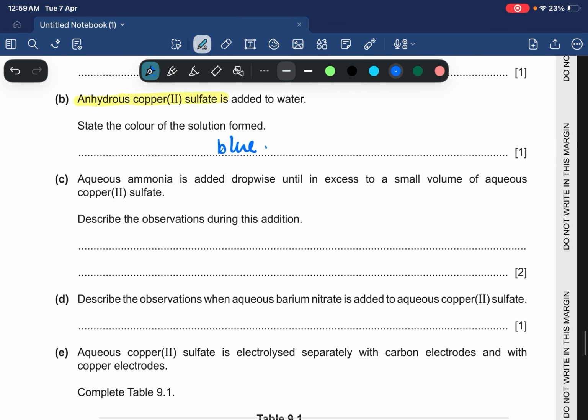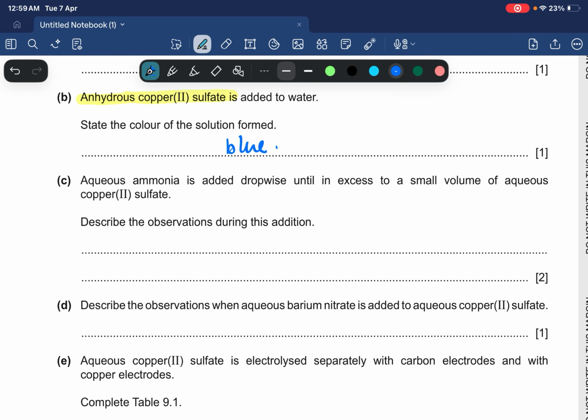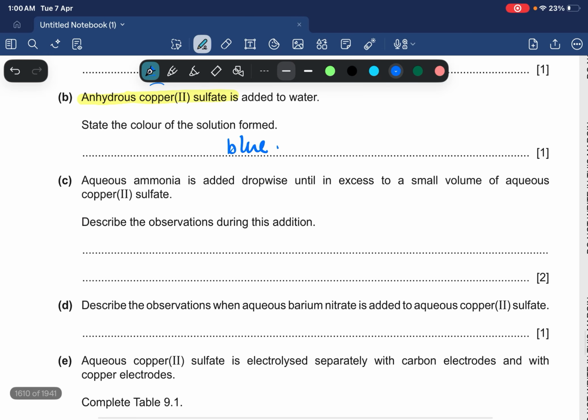Aqueous ammonia is added dropwise until in excess to a small volume of aqueous copper(II) sulfate. Describe the observations. Ammonia is added to copper(II) ions, Cu2+. Remember the observation? You're going to form a blue precipitate of copper hydroxide, and then that precipitate is going to dissolve in excess ammonia to form a dark blue solution.